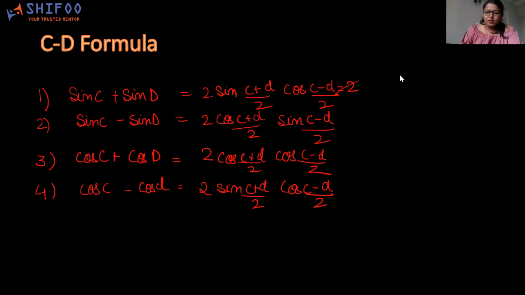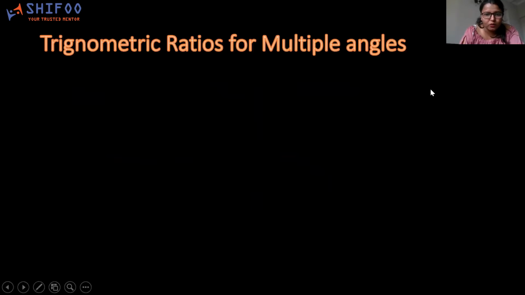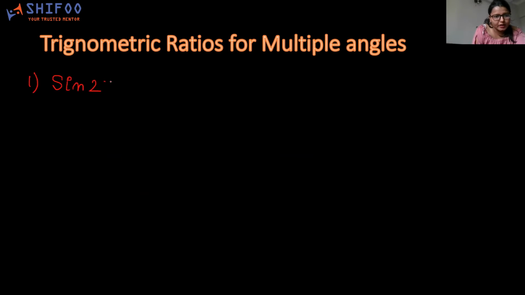Alright, so we'll move on to trigonometric ratios of multiple angles now. You must be familiar with these three formulas, that is sine 2 theta, then we have cos 2 theta, and last is tan 2 theta.